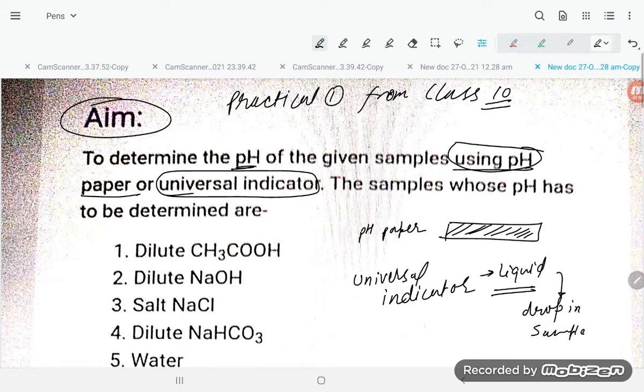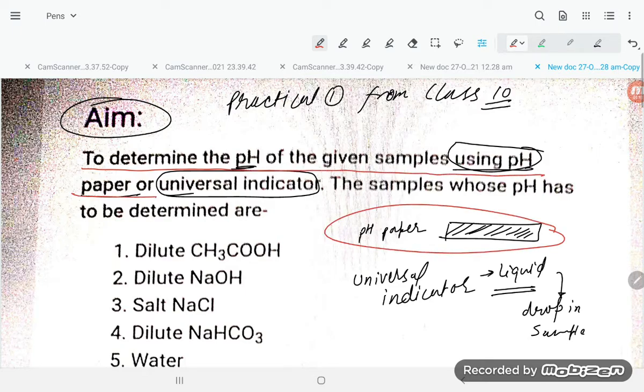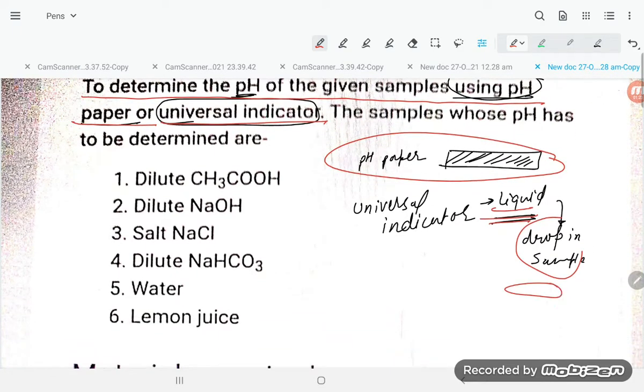Now see, students, here you see what they are saying. To determine the pH of the given sample using pH paper or universal indicator. I told you universal indicator is liquid which we have to drop in the sample. Suppose this is your sample, so you have to drop here, and then find out the change in color.